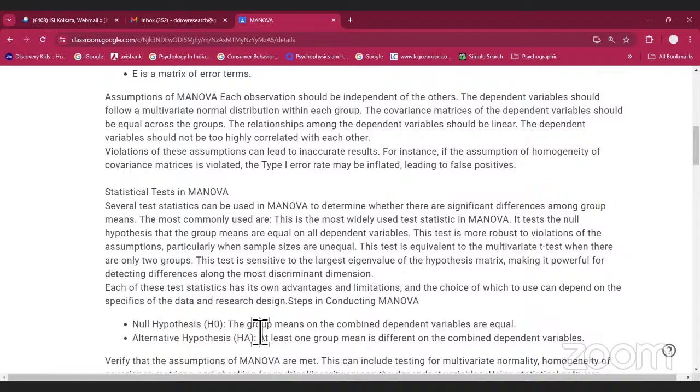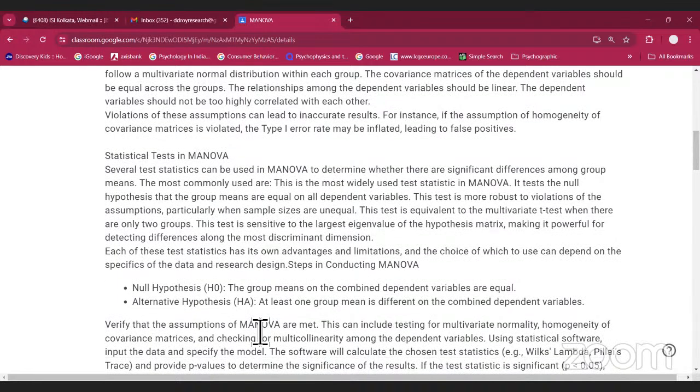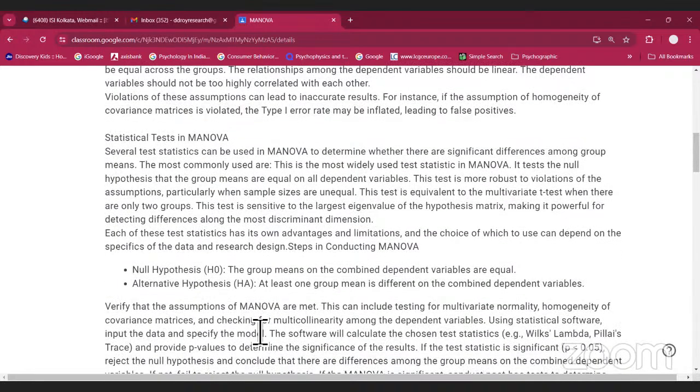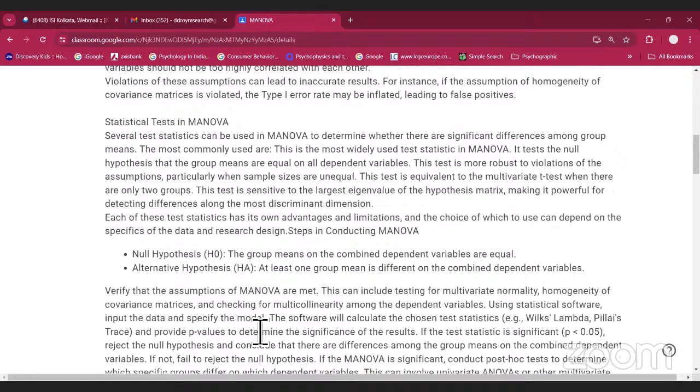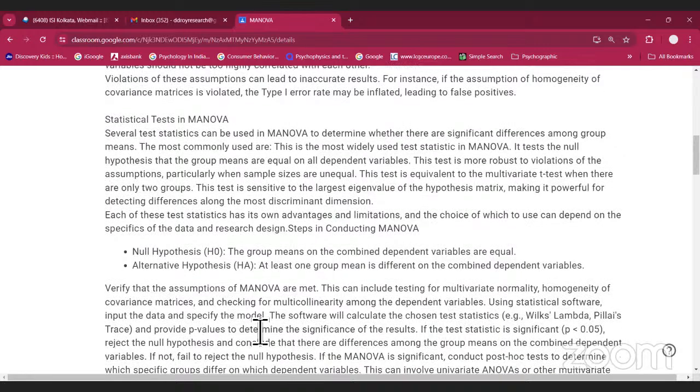Steps in conducting MANOVA. Null hypothesis H0: the group means on the combined dependent variables are equal. Alternative hypothesis HA: at least one group mean is different on the combined dependent variables. Verify that the assumptions of MANOVA are met.